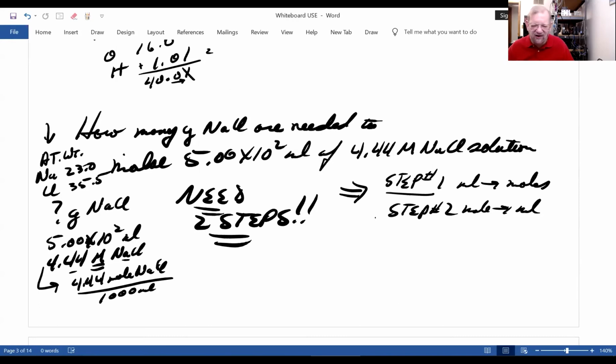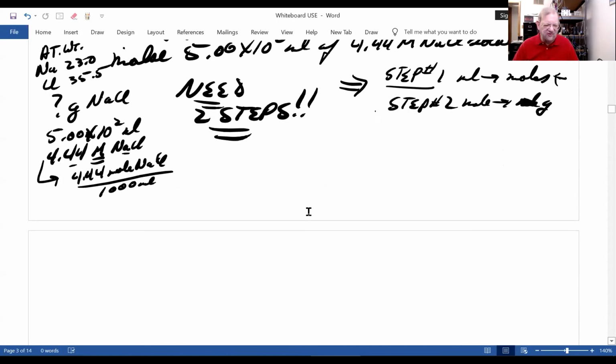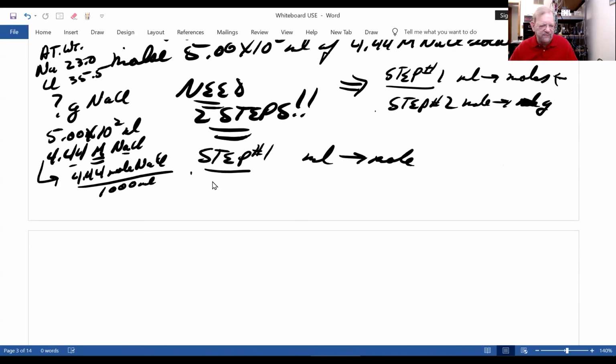And those 2 steps are, first one, you convert milliliters to moles. Second step, moles to grams. I made a mistake. Sorry about that. So let's get to work. And so we have 5.00, which is 3 significant figures.